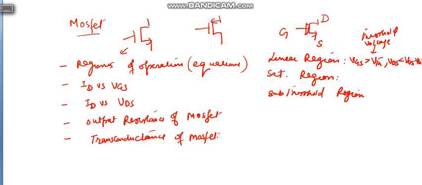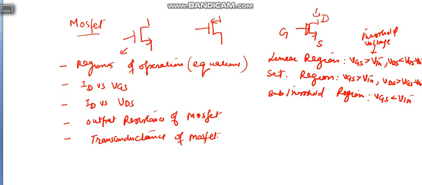Saturation region: VGS greater than VTH, threshold voltage, and VDS greater than VGS minus VTH. In subthreshold region, VGS is less than VTH, the threshold voltage.